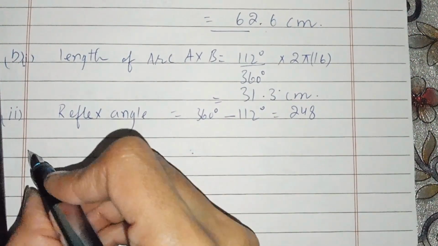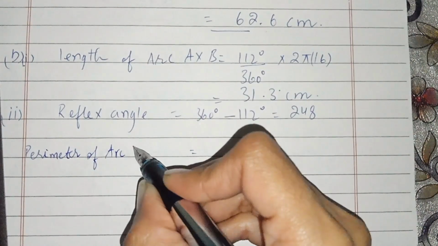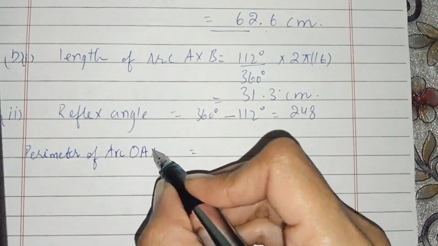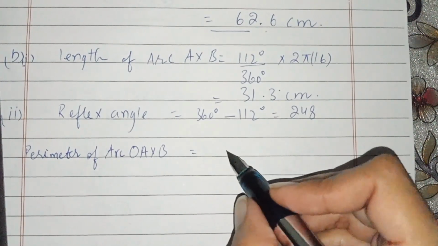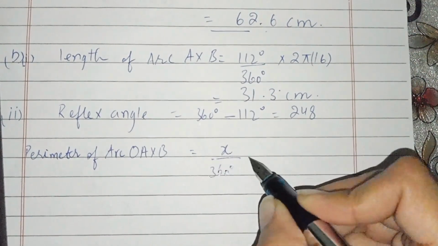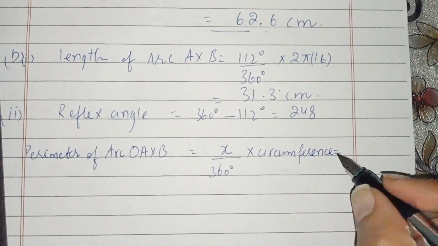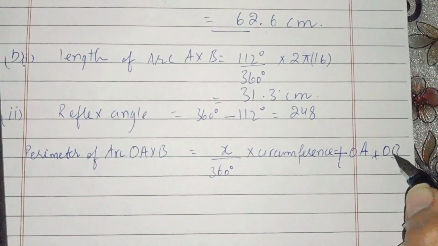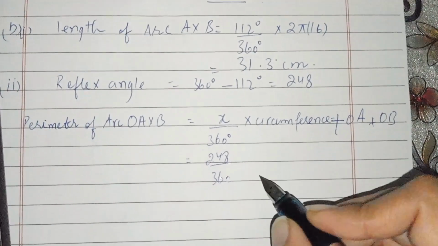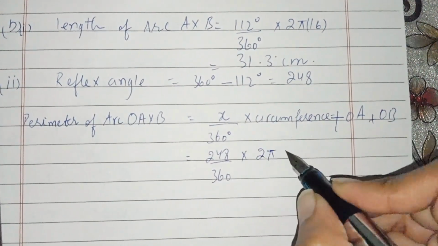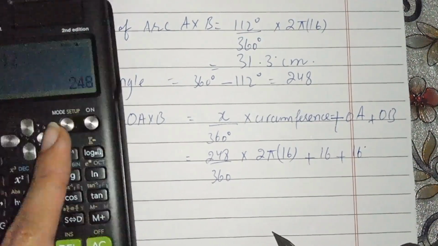The perimeter of arc OAYB is equal to the length of the major arc, and its formula is x over 360 multiplied by circumference, plus OA plus OB. x is 248 divided by 360 and circumference is 2 pi r, r is 16, OA is equal to 16 and 16. Now we have to solve it.